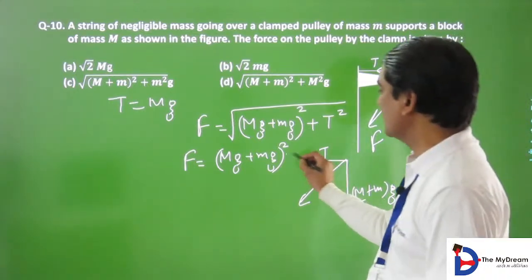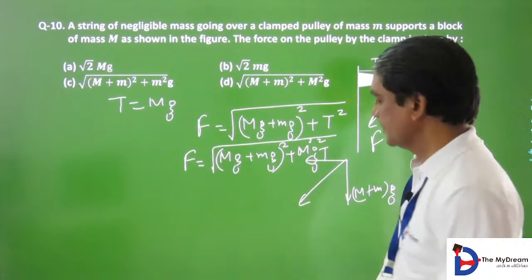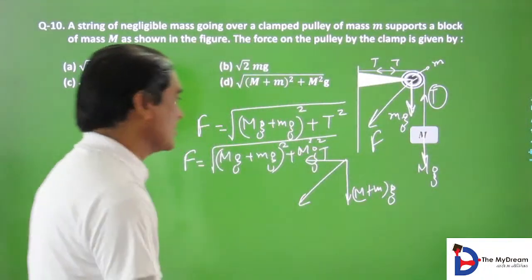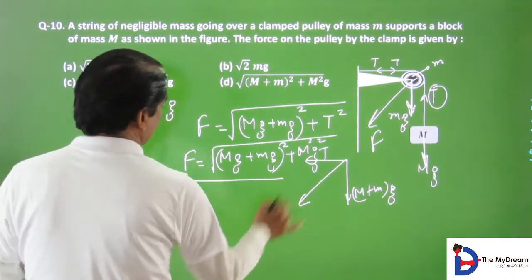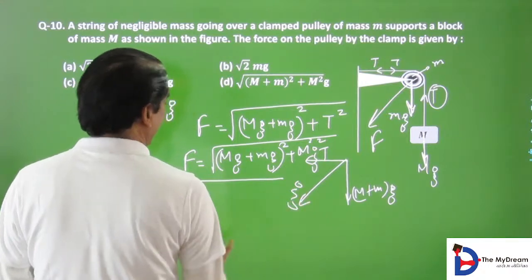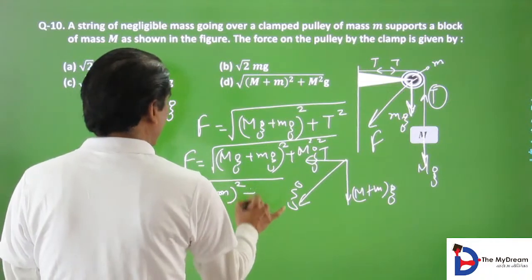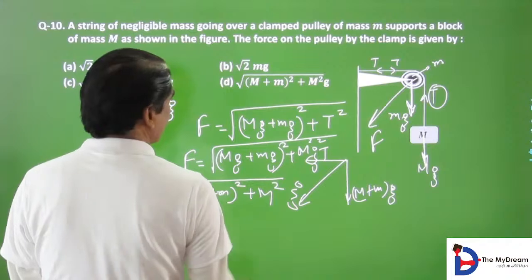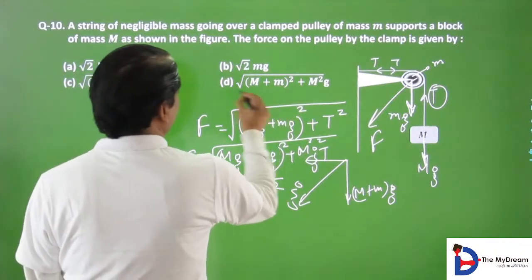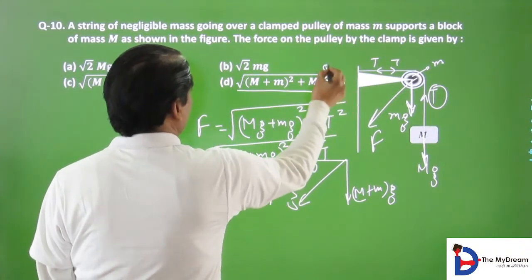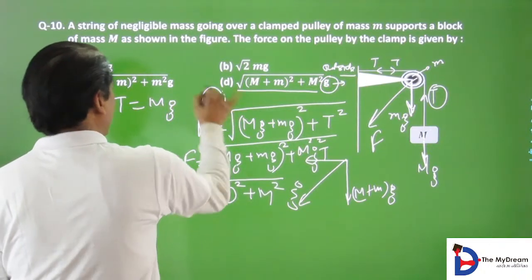Which one? Capital M. The capital Mg is the tension, so that can be written: take g outside, it comes out of the square root, m plus m plus capital M. So which one is correct? This one is correct, but this is outside, son, not under the square root. So option D is the answer.